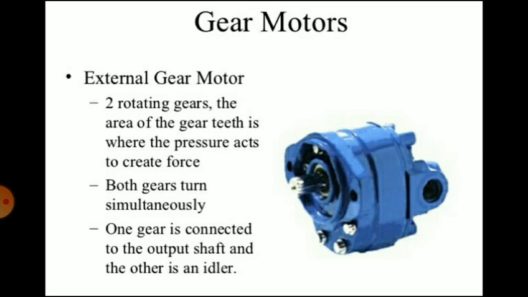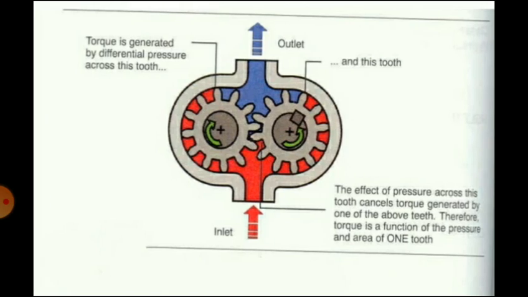This pressure exerts a force on the two teeth, causing an imbalance of forces on the gears, resulting in rotation of both the gears. Gear motors suffer from leakage, which is quite high at low speeds. Hence, gear motors are used where medium speed and low torque are required.